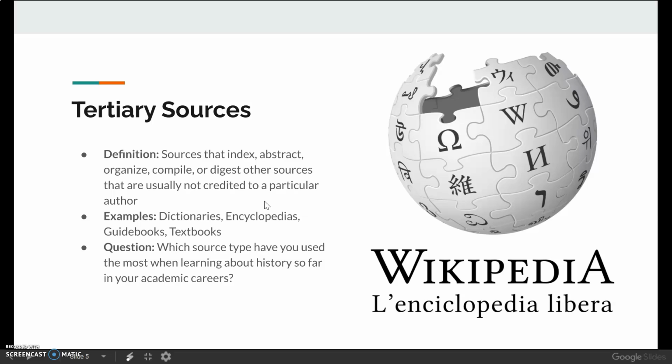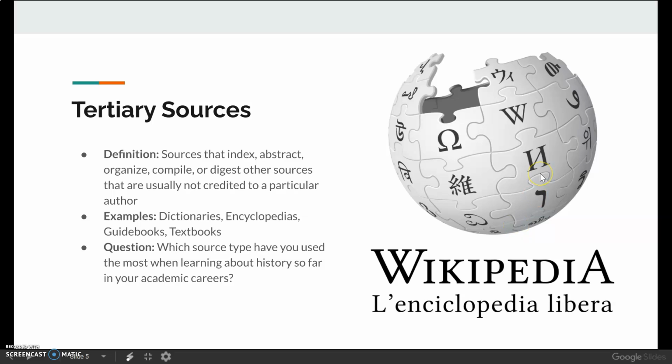One single person doesn't write the dictionary. Encyclopedias, that's a bunch of authors putting their input into different encyclopedia articles. Guidebooks, again, more authors. And textbooks, that's usually a group of professionals working together to compile a source to explain something to people. It's an information source.